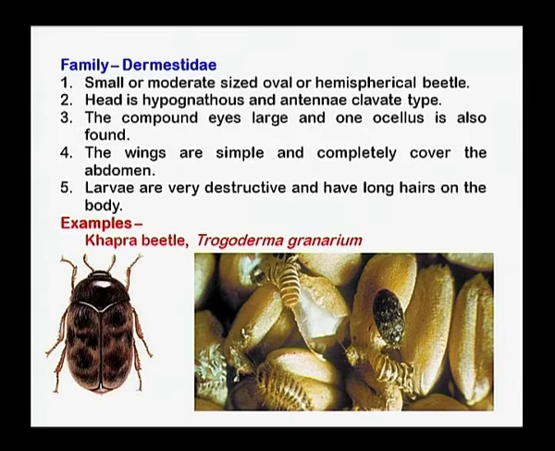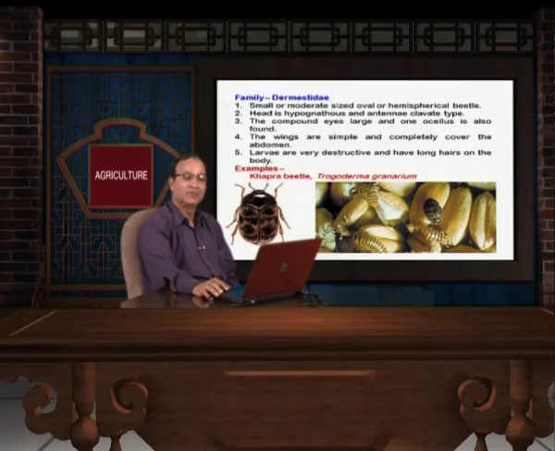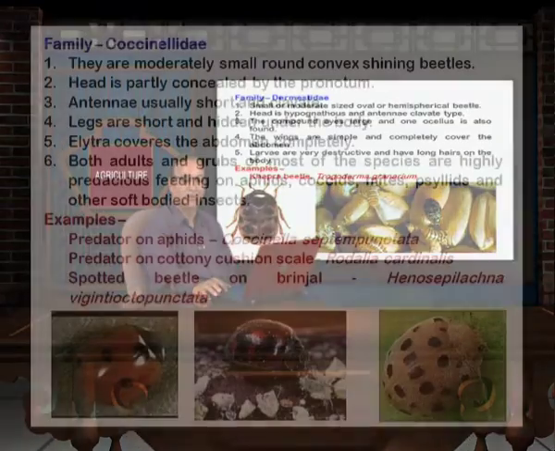The wings are simple, but they completely cover the abdomen. Here the wings are technically known as elytra. Larvae are very destructive and have long hairs on the body. The best example is the Khapra beetle, a pest of storage, Trogoderma granarium.